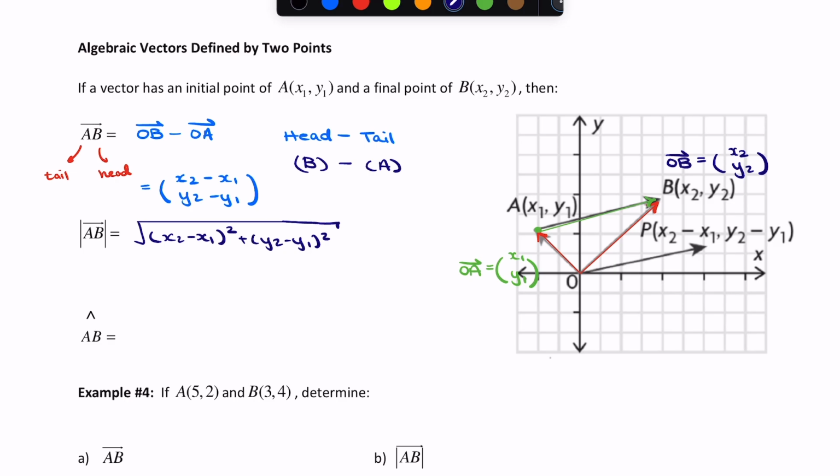And so how we calculate that is, again, we take the original vector AB and we divide it by the magnitude of AB.